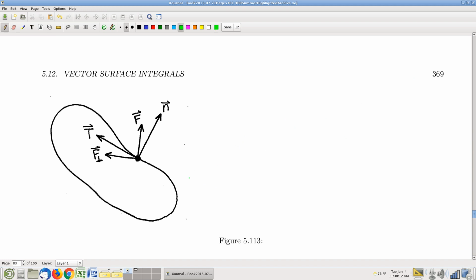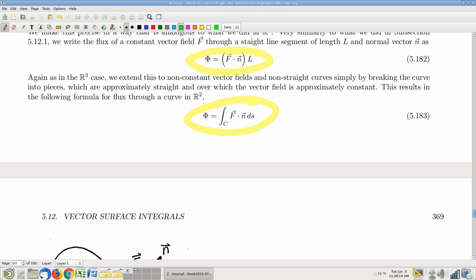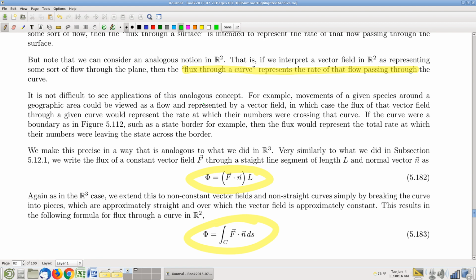Okay. All right. So, no big deal. Flux through a curve. The analogies are very strong. Flux through a curve says how much fluid is passing through the curve per unit time, just like with three-dimensional fluids.